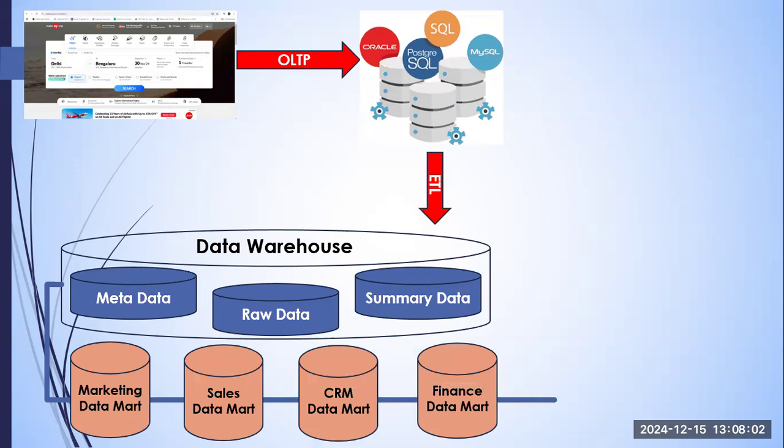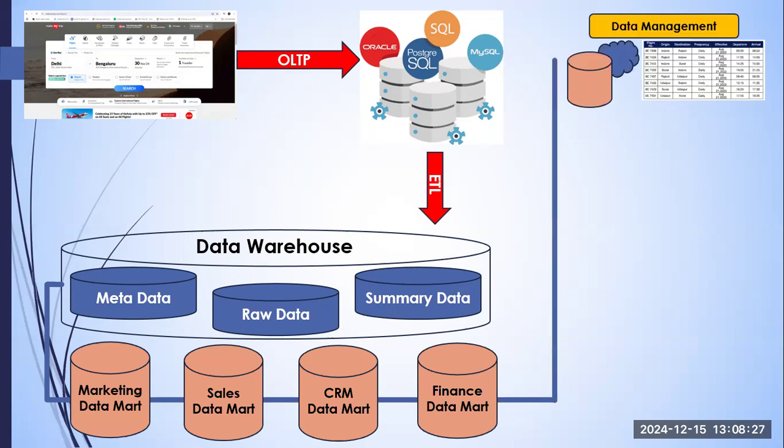So we can have many data marts as per the data, because if you are doing analysis on marketing data, why should you be given access to the sales data mart, the CRM data mart, or the finance data? So there are data marts. They will give you access to the particular data mart on which they want the analysis from your side.